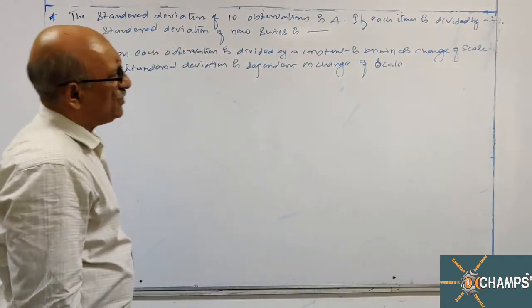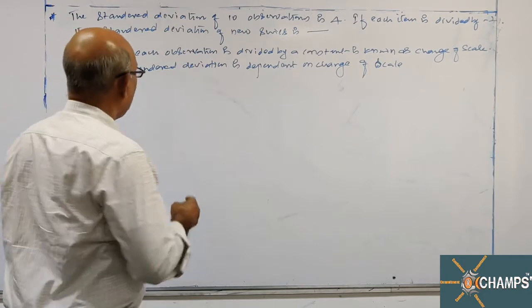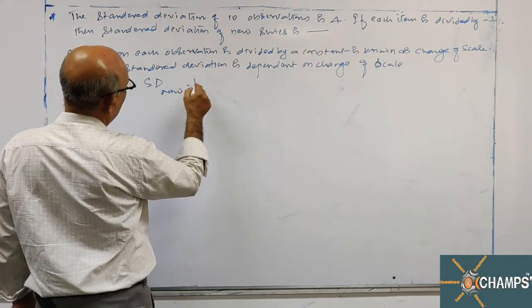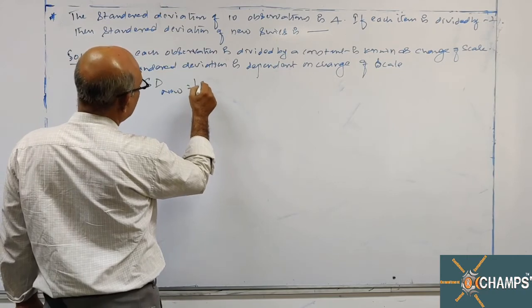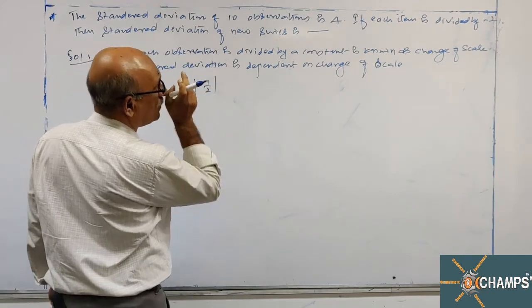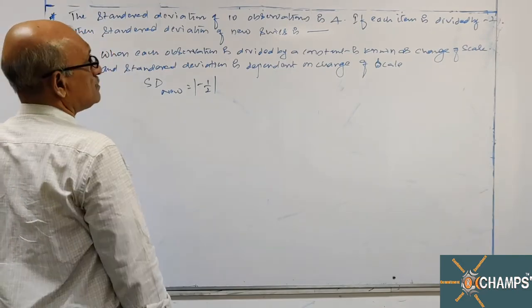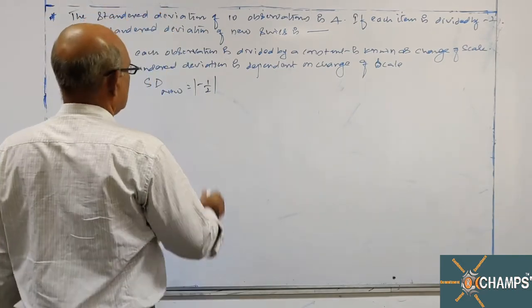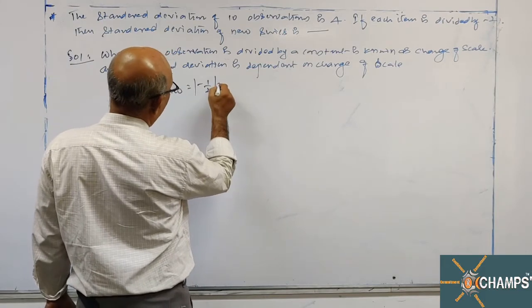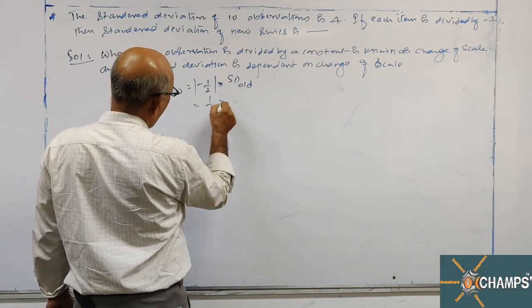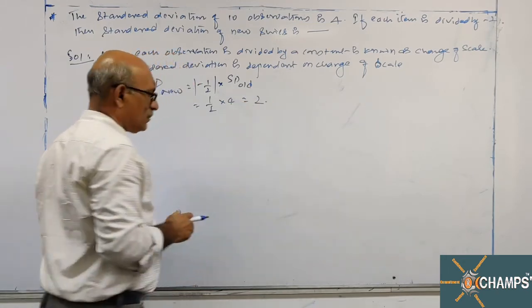So standard deviation of new series is equal to modulus of -1/2 into standard deviation of 4. That is 1/2 into 4.